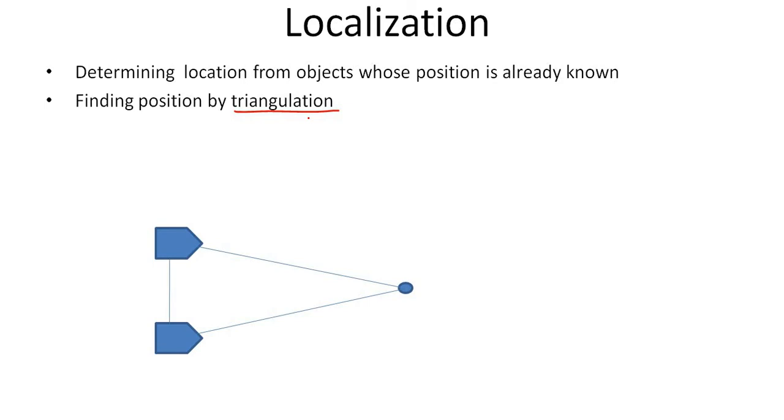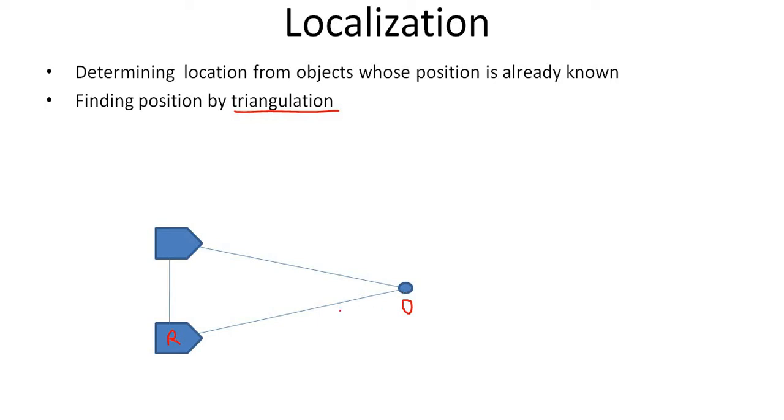So what the triangulation method is: this is our robot and this is the object. The robot is in this case not equipped with a laser scanner that can measure this distance from the robot to the object.